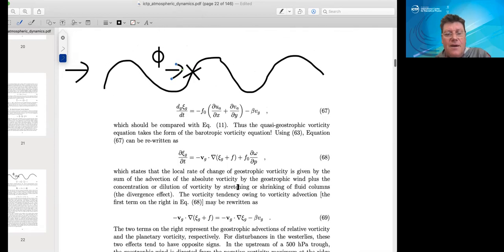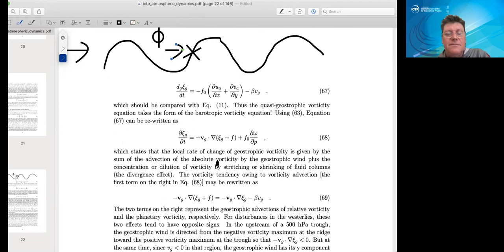But it also turns out that the stationary Rossby wave is governed by one specific wavelength. There's one specific wavelength that makes Rossby waves stationary, given a mean flow and given the Coriolis parameter and so on.